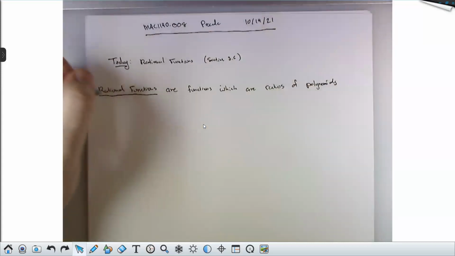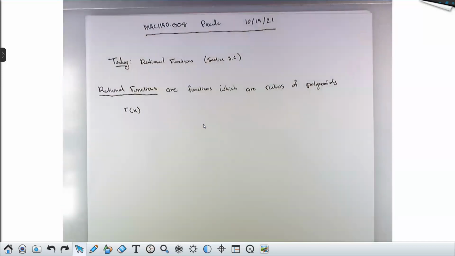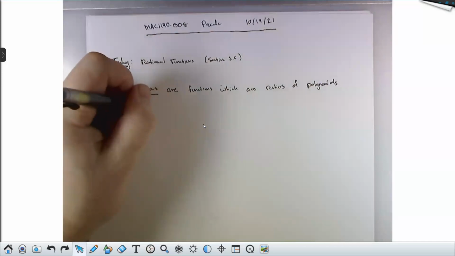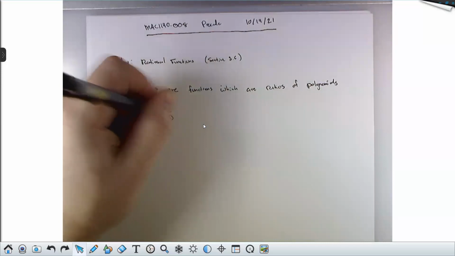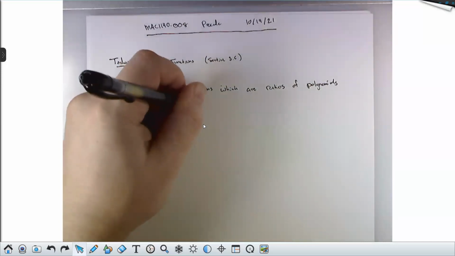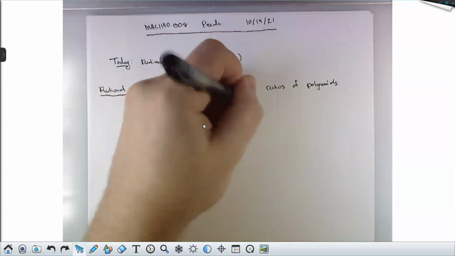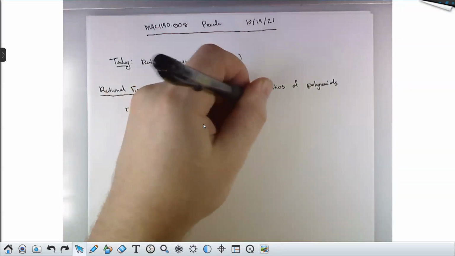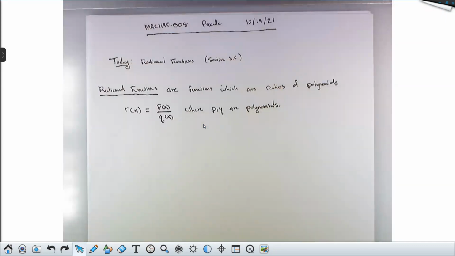So the word ratio means fraction. So we're talking about a function, I'll call it r of x, r for rational, and it's going to be of the form p of x over q of x, where p and q are polynomials. All right, so a rational function is what you get when you divide two polynomials.